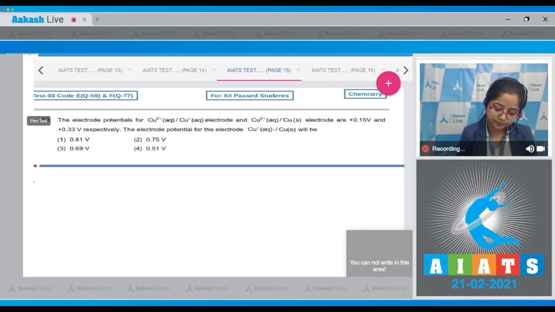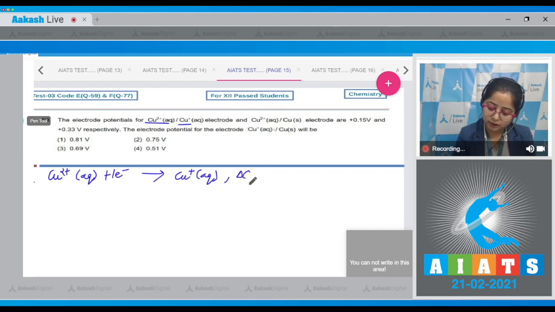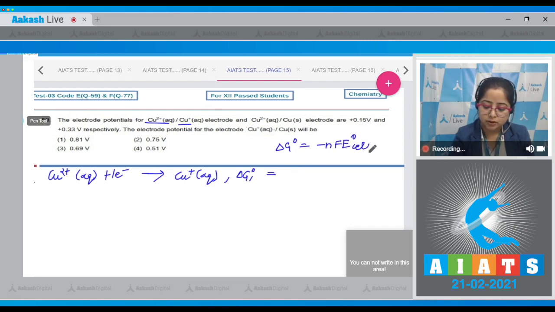So here I'm writing the first reaction, Cu2+ to Cu+. So Cu2+ aqueous gains 1 electron to convert into Cu+ aqueous. Here the value of delta G naught, I'm marking it as 1, is equal to, here I'm writing the formula to calculate delta G naught, which is equal to minus nFE naught cell. So here the value of n is 1.